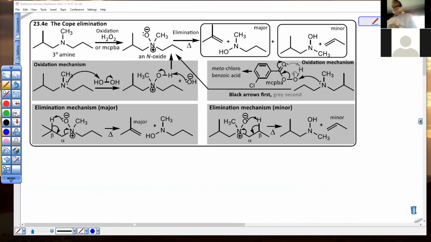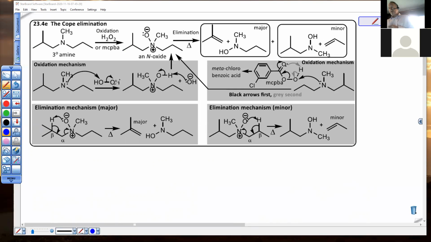What happens during the Cope elimination is you've got to first create an N-oxide. There are a few ways to do that. You can use hydrogen peroxide or some kind of peracid like mCPBA. And we've got mechanisms for doing that here.